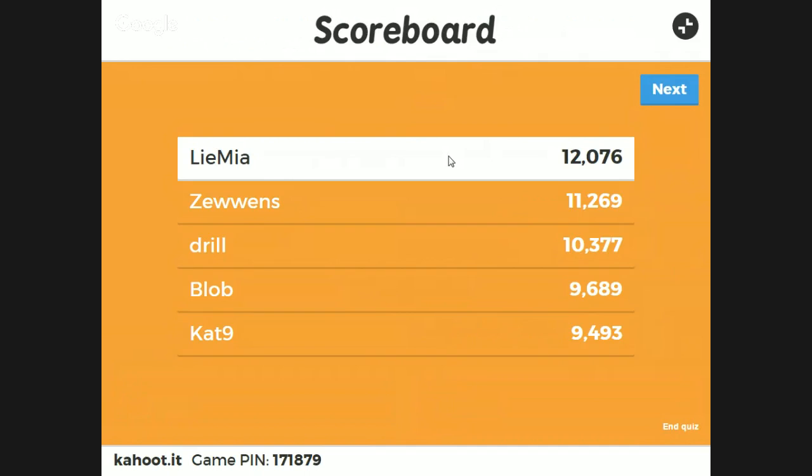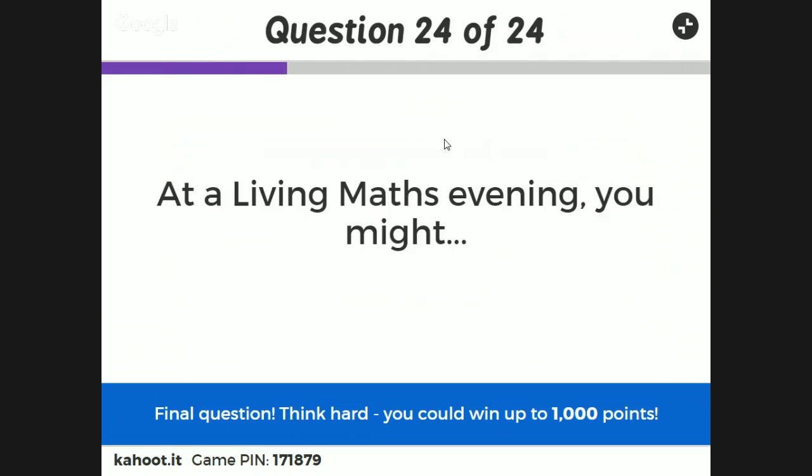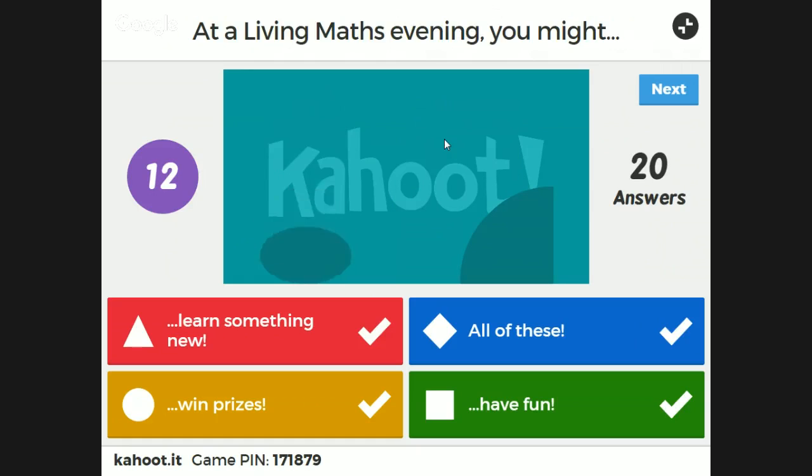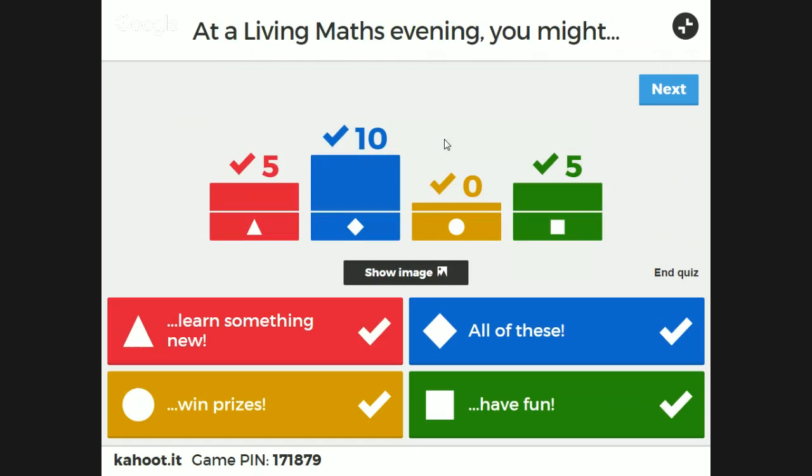Let's do this. At Living Maths evening, you might learn something new, win a prize, or have fun. They all were. And you all got points, but it was all about speed in that round.